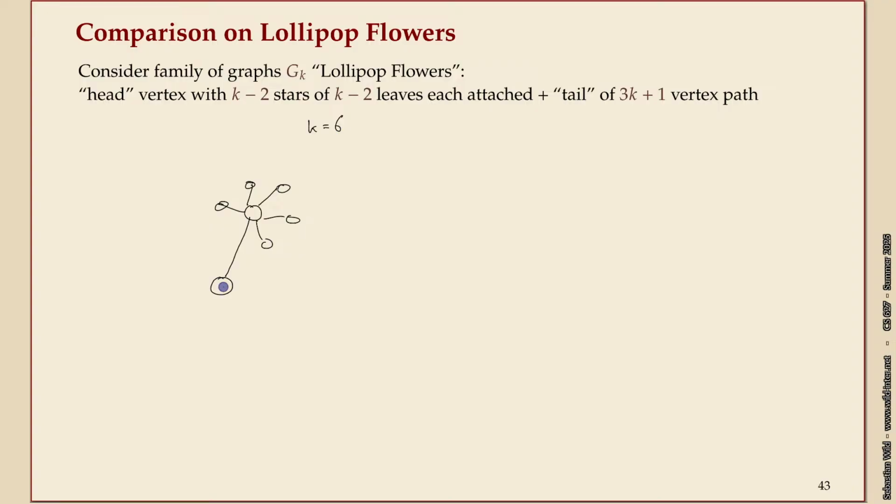So we have a head vertex here, and then there are k minus 2 stars attached, each with k minus 2 leaves. So it seems like I'm drawing k equals 7, right? So I have to draw this 5 times. That's doable.